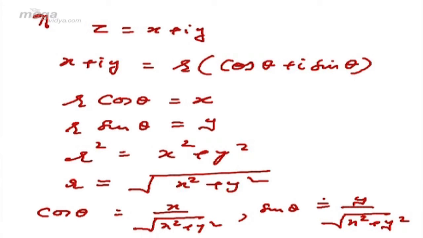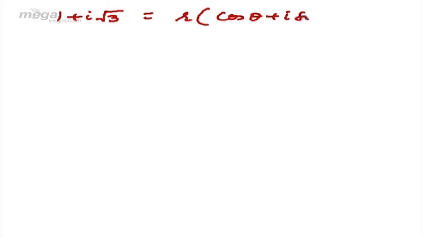The theta will be taken which will simultaneously satisfy the given two equations, that is cos theta is equal to x upon root of x square plus y square and sin theta is equal to y upon root of x square plus y square. Now let us take an example: 1 plus I root 3 is given and we have to write this complex number in polar form, that is r (cos theta plus I sin theta).